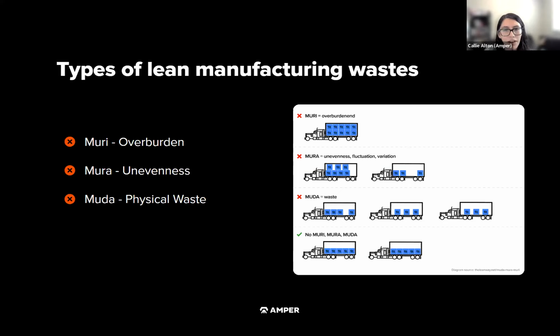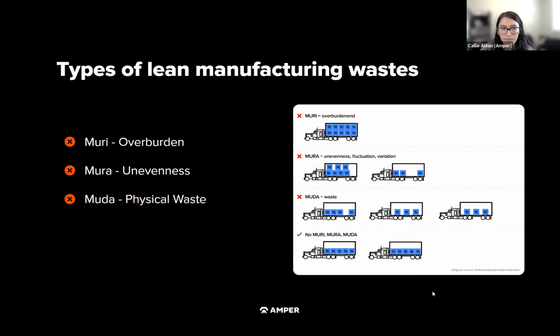And then you have MURA, unevenness, fluctuation, variation, where one person is taking on more than another. This can also look like bottlenecks in your system if it's holding up the next stage in the process. And then finally, we have MUDA, which is the physical waste. Not enough people are doing up to the capacity that they're capable to. We want to strive to have no MURI, MUDA, or MURA, which is going to be the most evenness we can do.